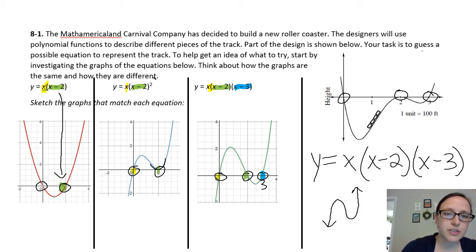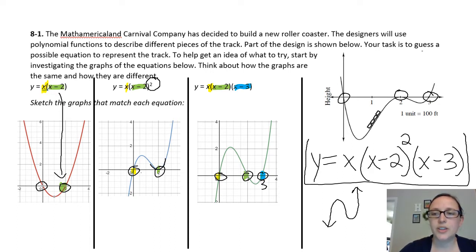The difference between all of the other functions and this middle one is that none of the others have exponents, whereas this middle one does have an exponent. So that exponent 2 represents bouncing at 2. Now if you graph this equation, it's going to match.